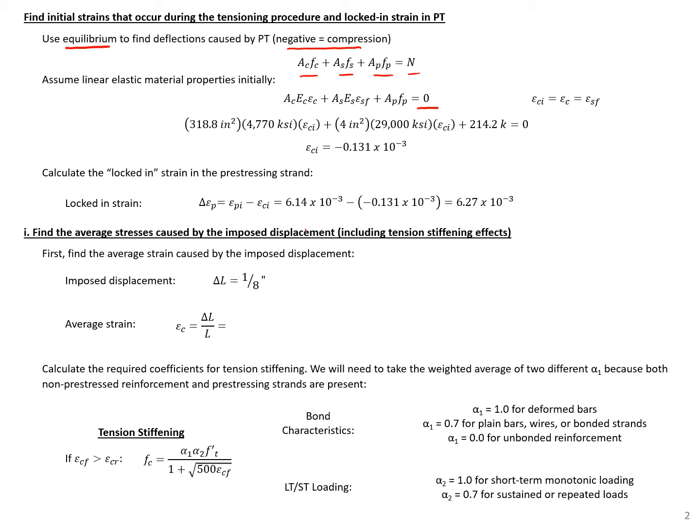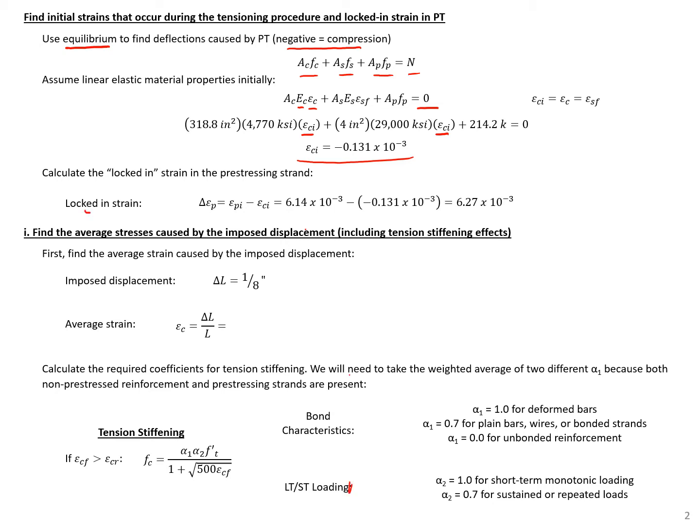We're going to assume linear elastic material properties, so our stress is just equal to our modulus times our strain. Then we can plug in all of our known values, and our only unknown value is the initial strain in our concrete. Solving this equation, we find the initial strain in the concrete after post-tensioning to be negative 0.131 times 10 to the negative third.